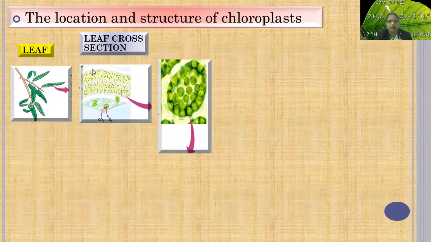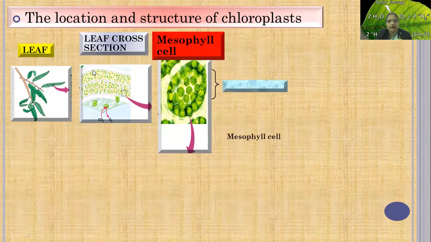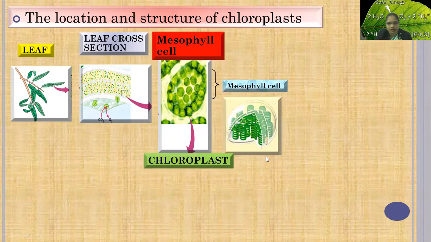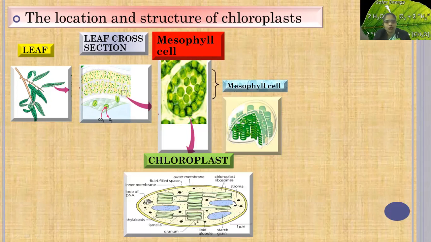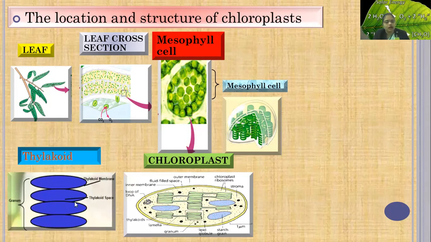Each granum consists of 12 to 20 disc-like structures, one upon another, and each disc-like structure is known as a thylakoid. So this is the internal structure of the chloroplast: outer membrane, inner membrane, then fluid space, then granum, stroma, etc. These 12 to 20 disc-like structures are known as thylakoids, and thylakoids are arranged one above another like a stack of coins.